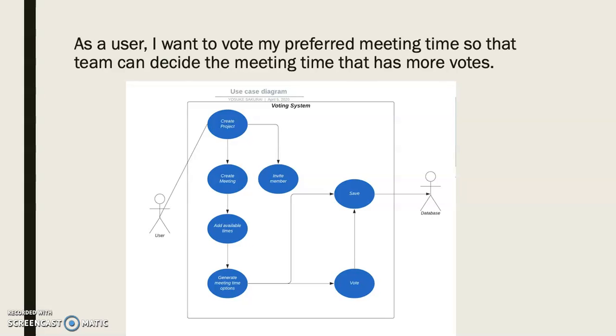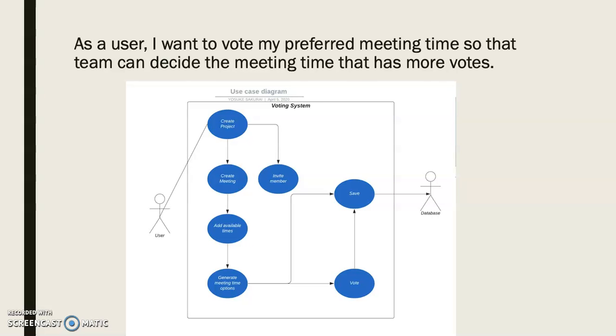So this is the use case diagram for the voting system. First, a user can create a project, and after creating the project, the user can create a meeting, and after creating the meeting, the user can add available times. Once every team member submits their available times, it automatically generates meeting time options.